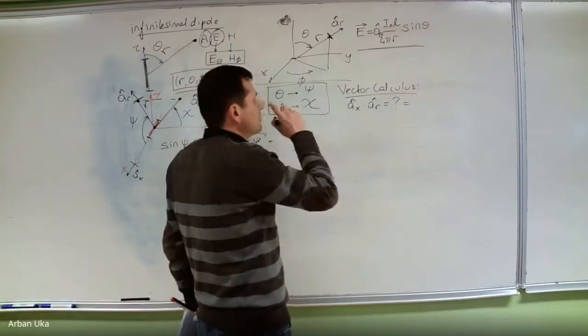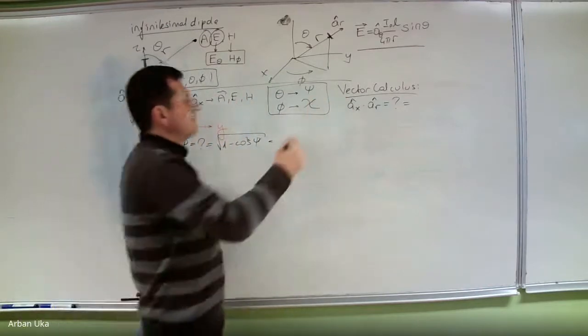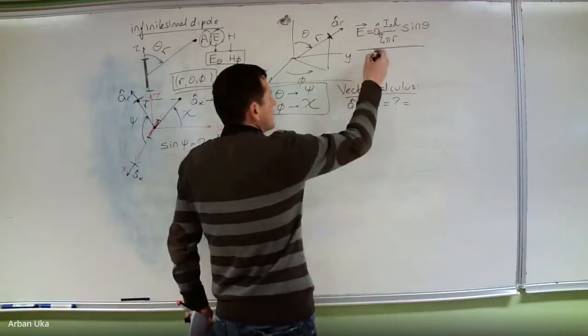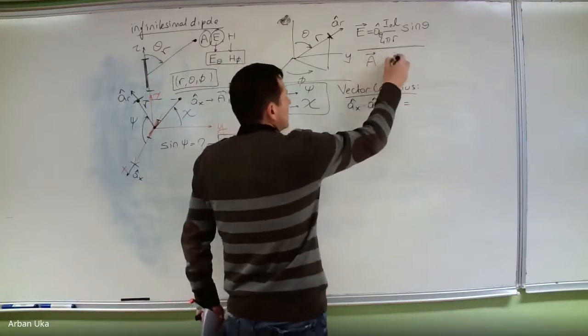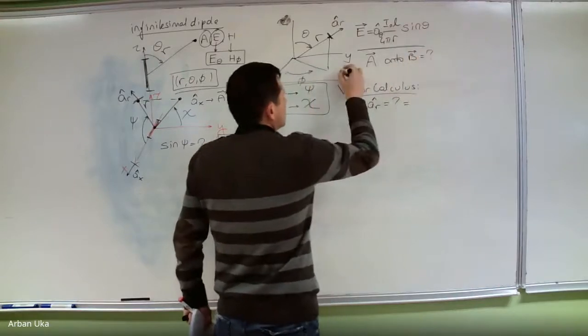And I want to remind you, this is probably to some degree too much repetition, but there is a classical question: what is the projection of vector A onto vector B?